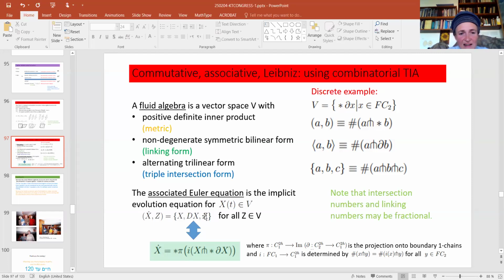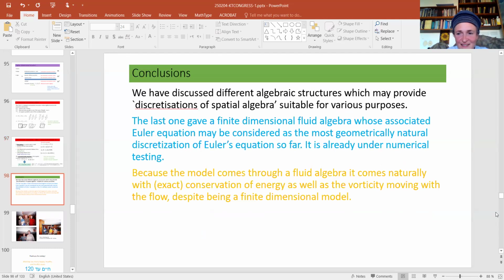And similarly, if you put dx in here, so the bracket of x with dx, which is the integral of vorticity, you naturally have two invariants that come immediately, the derivative of the bracket of x with dx being 0. You have two invariants, one being the kinetic energy, and the other being the vorticity, and they should be exact invariants, and that should mean that as a numerical method, it should be more stable than just an arbitrary discretization. We have yet to put it on a computer in such a way that we see that happening, but it should be. Put it that way.